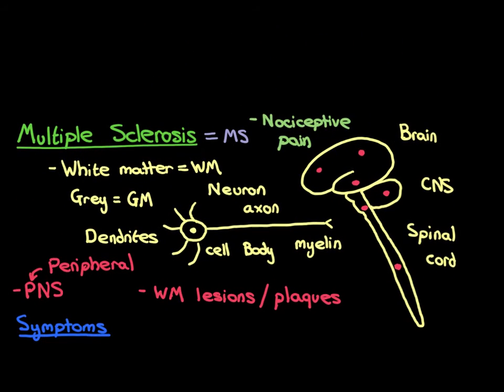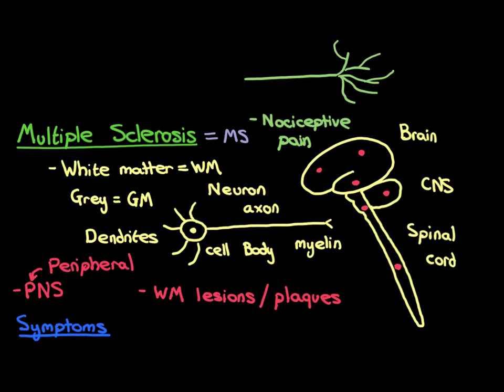So let me just draw a little picture of a pain neuron. All over your body, especially in your skin, you have pain neurons. And here is the axon of a pain neuron, and on the end of the pain neuron is a special little structure that looks rather like a tree, branching out like this.